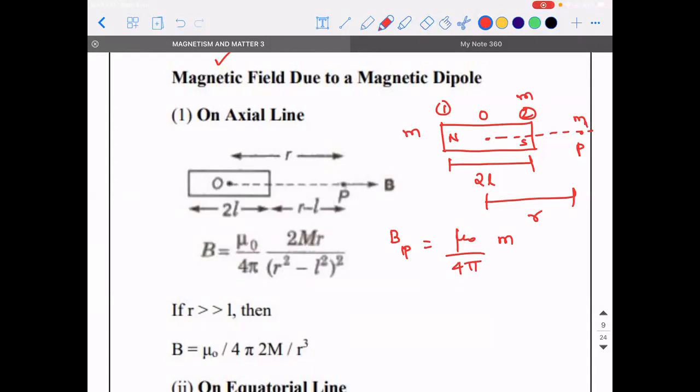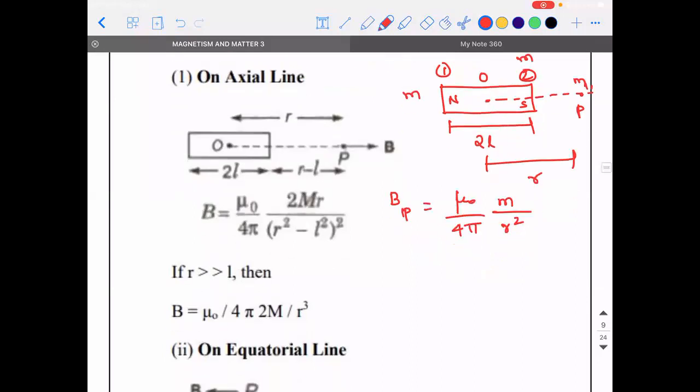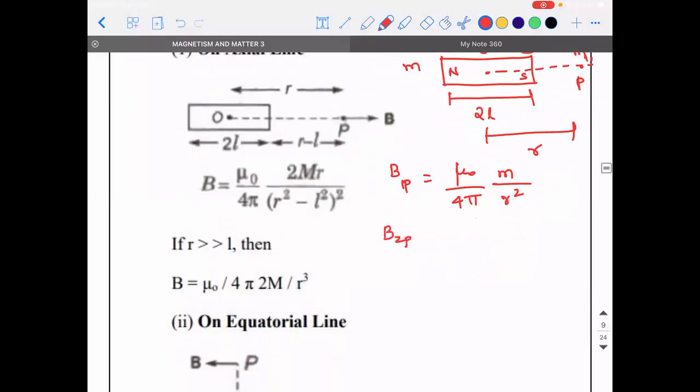So mu naught m divided by r square. See, instead of 1 by 4 pi epsilon naught into q by r square, I wrote mu naught by 4 pi into m by r square. Similarly, B2P will be mu naught by 4 pi into m divided by r square.